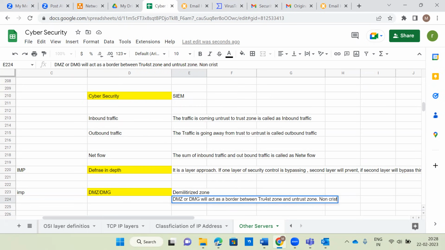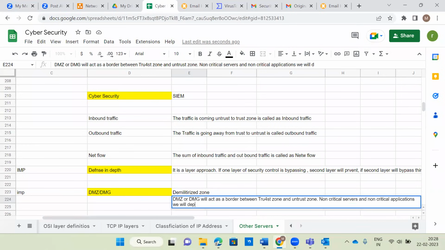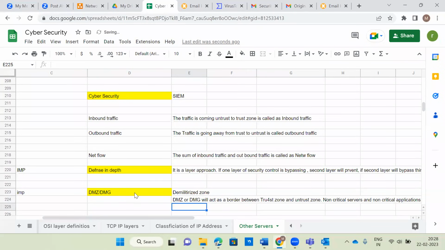Non-critical servers and non-critical applications we will deploy in the DMZ zone.